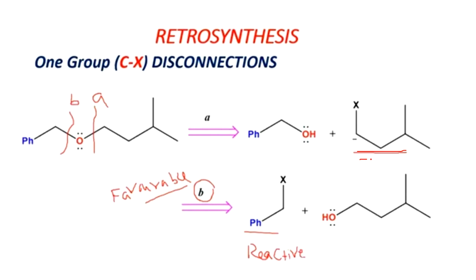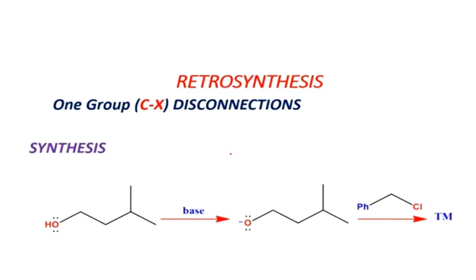From A we are getting an unstable compound. So we have to do the fragmentation in such a way that we get a stable as well as reactive compound. So we are doing the retrosynthesis through path B.